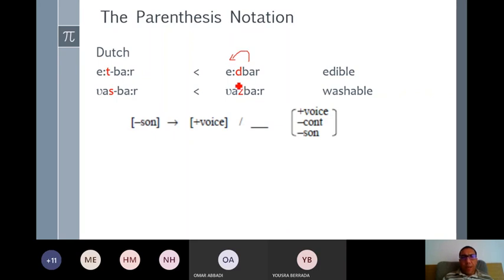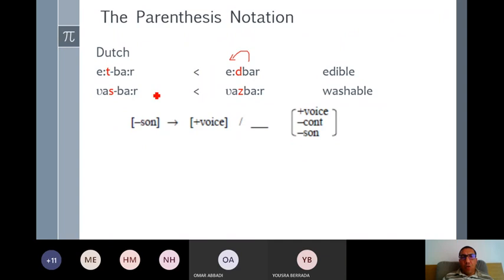Whenever there is a voiceless stop next to a voiced stop, it is voiced. Voicing regressive assimilation.